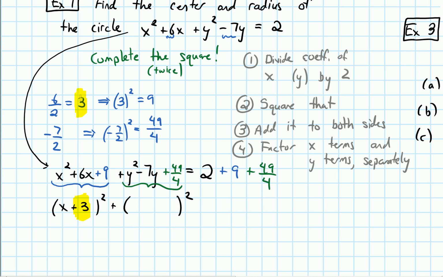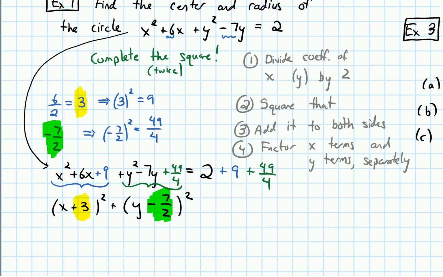That will always be the case if we do this correctly. So we can use that to help us factor the y terms, because that has fractions. We get y, and when we divided the coefficient of y by 2, we got -7/2. So we put -7/2 here in the parentheses.